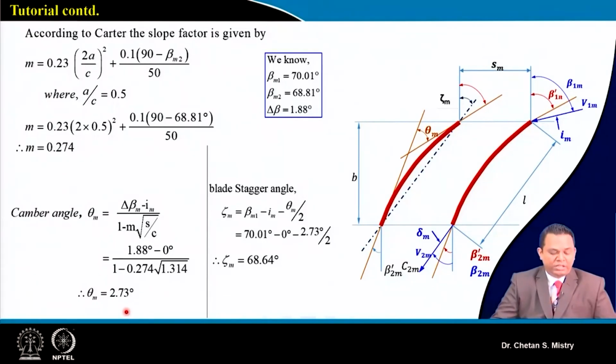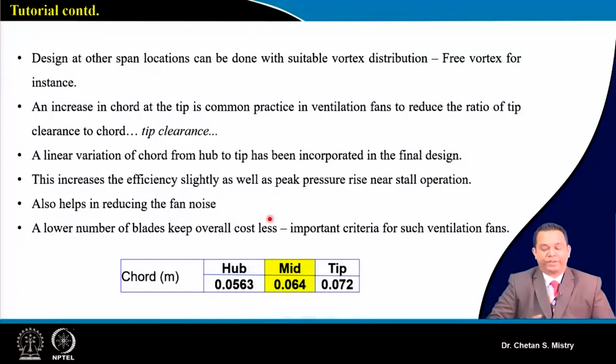Here the camber angle is coming 2.73 degrees, and the stagger angle is coming 68.64 degrees. Since my delta beta is coming on the lower side, my camber angle also is not coming on the large side. But at the same time, the blade is highly staggered. Let's see what other dimensions we get.